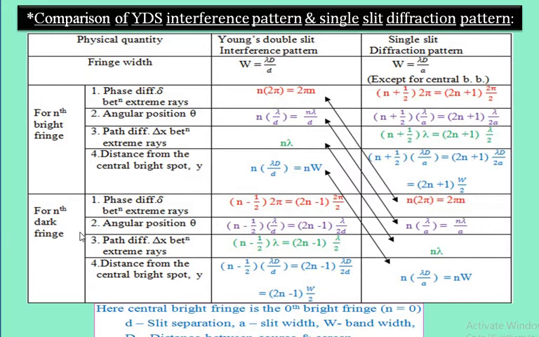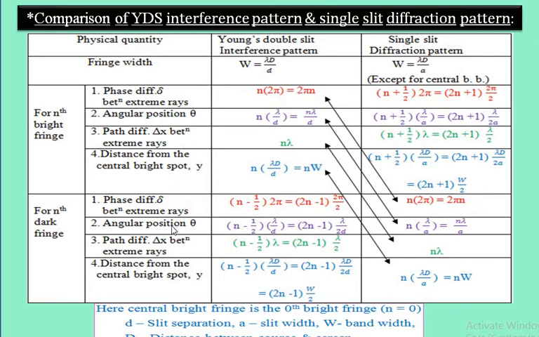For the nth dark fringe, the physical quantities are written here. The phase difference delta between the extreme rays for the interference pattern is n minus 1 half into 2 pi, which is equal to 2n minus 1 into 2 pi divided by 2. Here 2 gets cancelled, we get the formula 2n minus 1 into pi. And in case of a diffraction pattern, the formula written here is n into 2 pi, means 2 pi n.